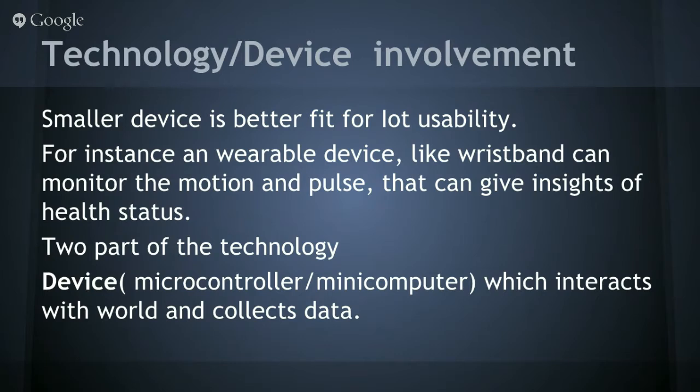So there are two parts to this technology: one is the device, one is the software. We need the device people, those with an electronics background, who can build better than us. Like microcontrollers and mini computers, which interact with the world and collect data with sensors.